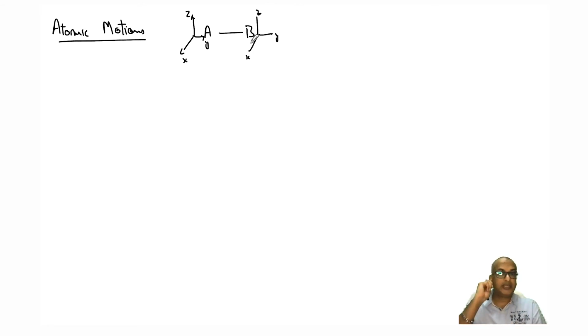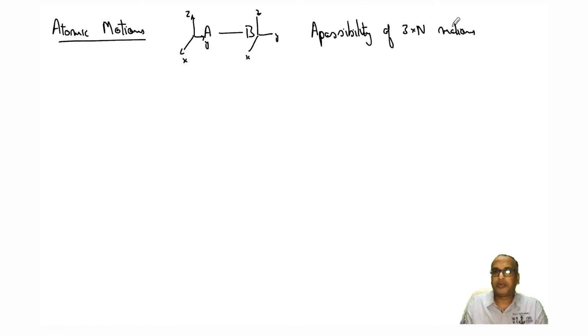So this gives a possibility of 3 into n motions, which are called degrees of freedom, where n is the number of atoms.